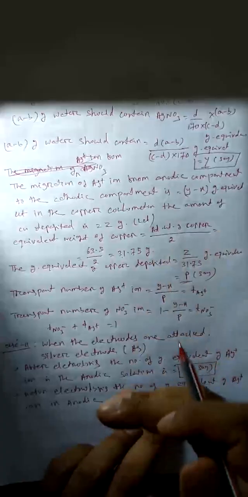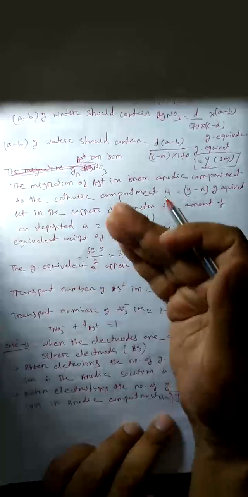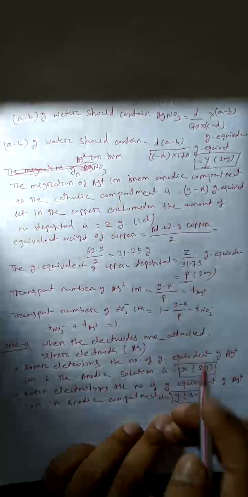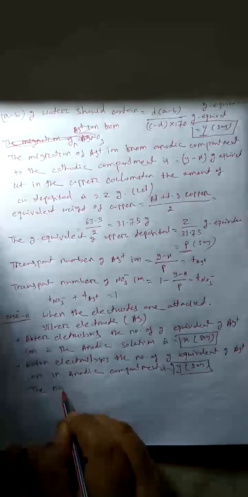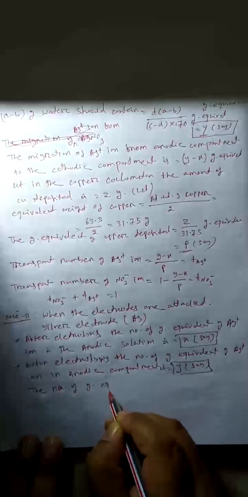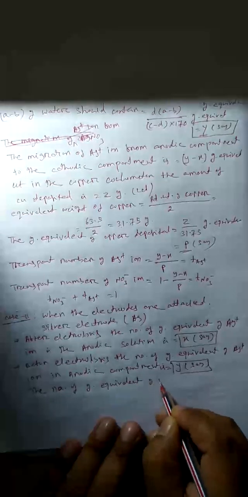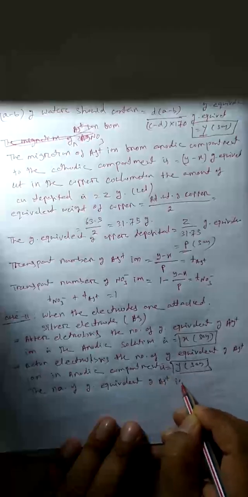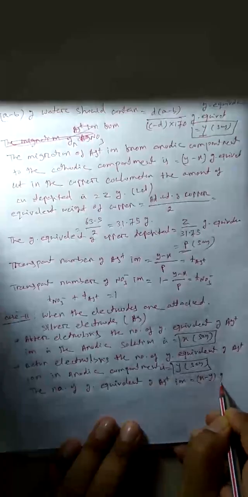So silver concentration gradually increases during electrolysis. After 2 or 3 hours, X will be greater than Y. The number of gram equivalent of silver ion gained is X minus Y gram equivalent.